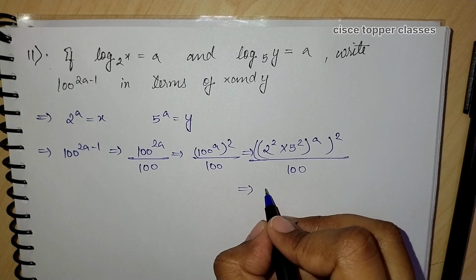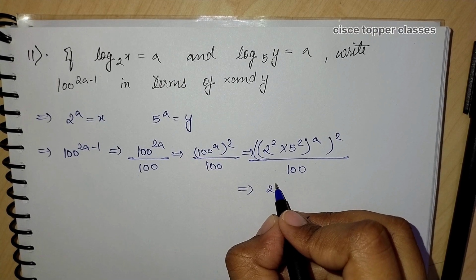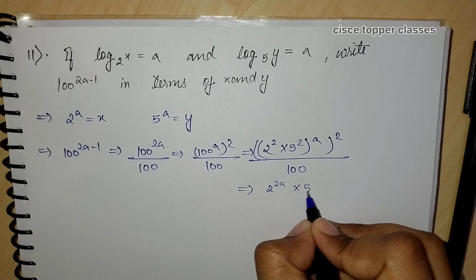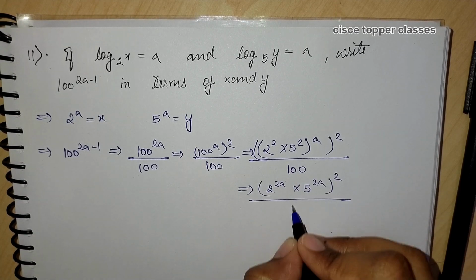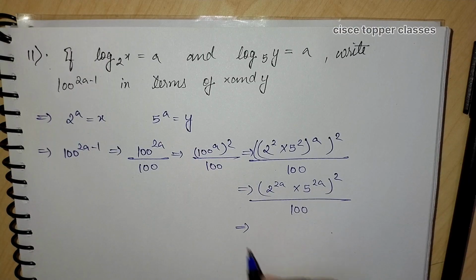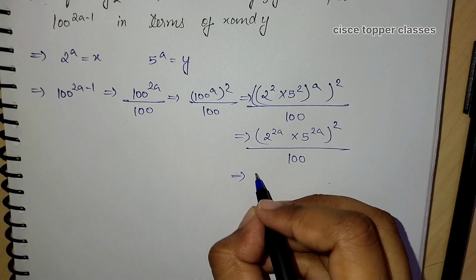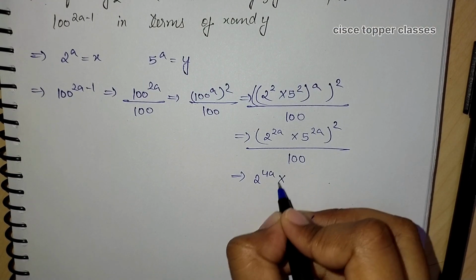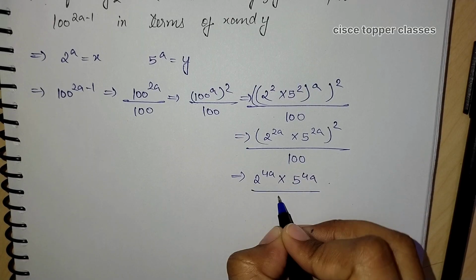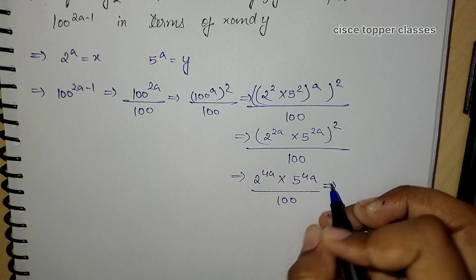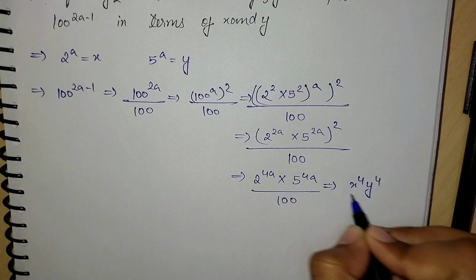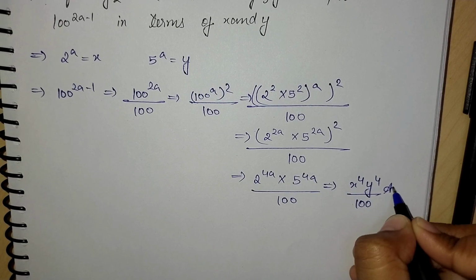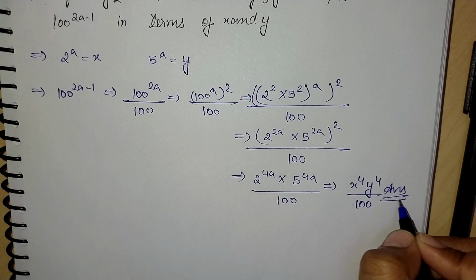On solving this part, we will get 2 की power 2a into 5 की power 2a का whole square divided by 100. Again, we can write 2 की power 4a into 5 की power 4a divided by 100. Now on writing this part, we can write as x की power 4, y की power 4 divided by 100 as the answer of 11th part here in this question.